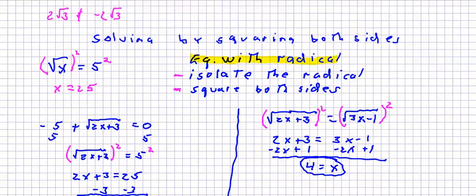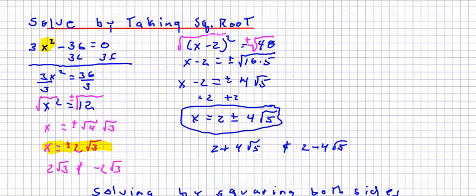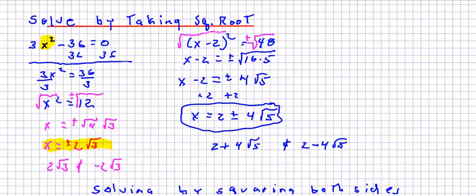So, your next assignment, you're going to have problems where you have to take the square root and you isolate the thing being squared. Whether it's x, you isolate the x squared, or whether it's a binomial being squared, you have to isolate that.